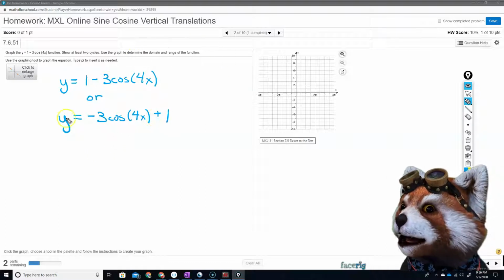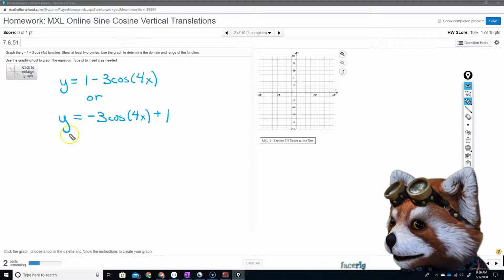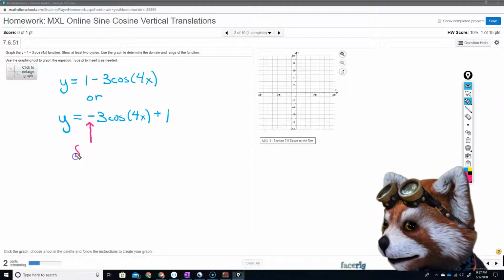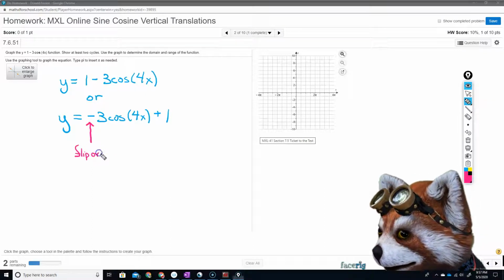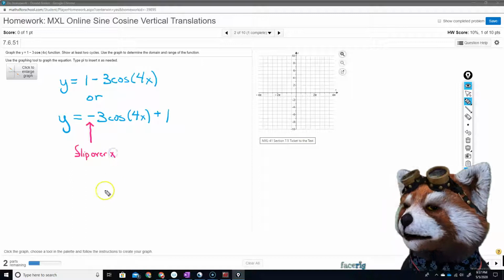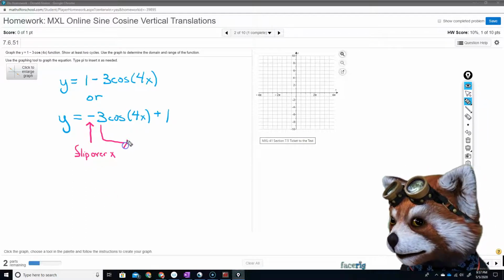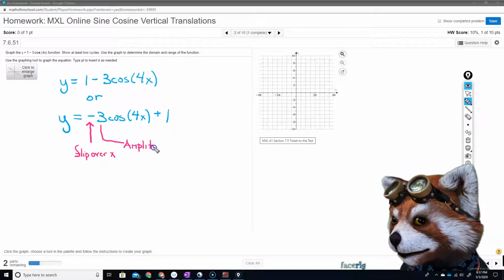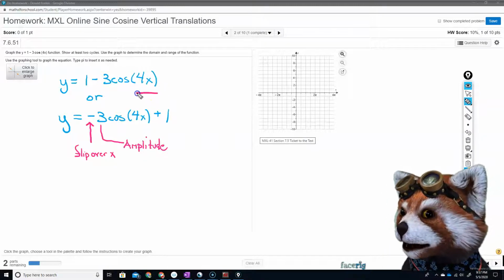All right, so what do all these things tell us? So that negative means we're going to flip it over the x-axis. So we're going to flip over the x. Okay, the 3 tells us our amplitude. Okay, the 4 is our frequency.